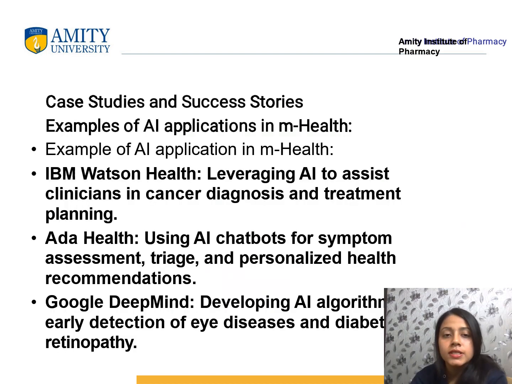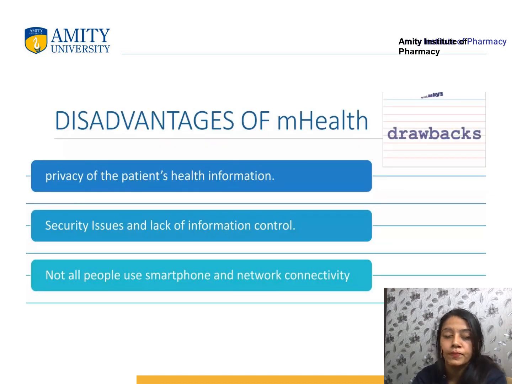So the examples of AI application in mHealth. The first one is IBM Watson Health to assist clinicians in cancer diagnosis and treatment planning. Ada Health, which is an AI chatbot for symptom assessment. Google DeepMind, developing AI algorithms for the early detection of eye diseases and diabetic retinopathy. The disadvantages of mHealth: privacy of patient health information, security issues and lack of information control.